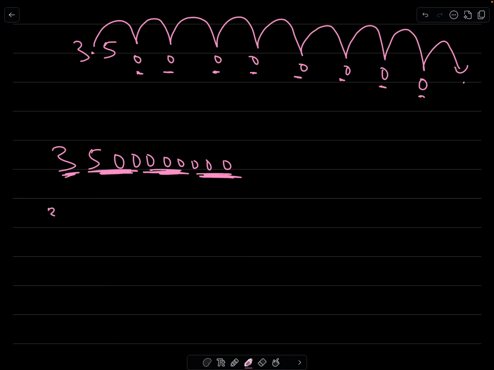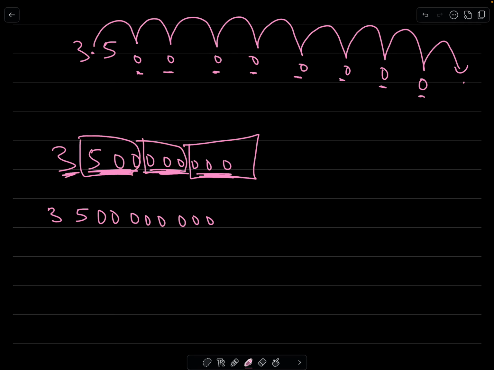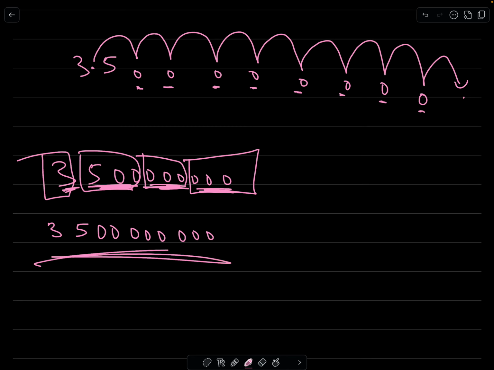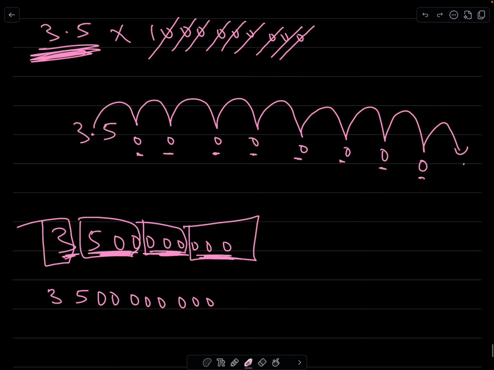So you write 3, leave a space, 5, 0, 0, leave another space, 0, 0, 0, leave another space, 0, 0, 0. You must check what you are putting in groups. So you have to write it this way.